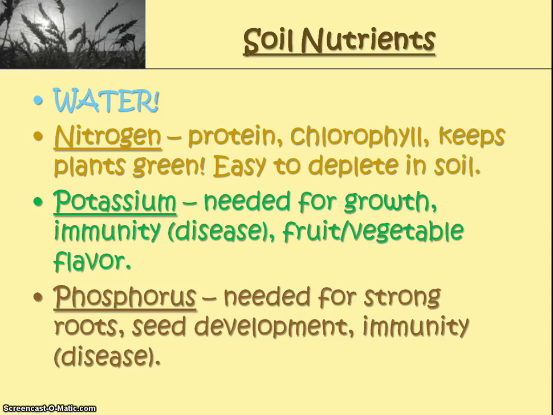And then your phosphorus helps build strong root structures to allow plants to break through harder soil materials to reach nutrients and water. It helps in seed development for your fruits and vegetables and for your non-fruit bearing plants. And that also ties into immunity to help fight against disease. So these are the 3 major nutrients, along with water, and their benefits, or why plants need them.